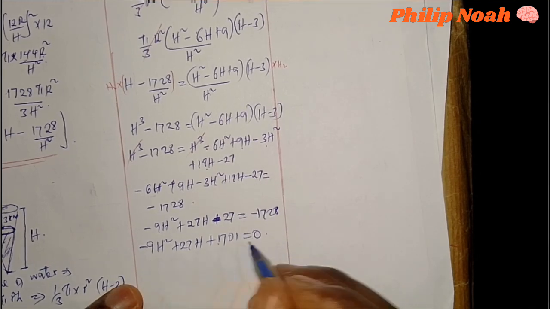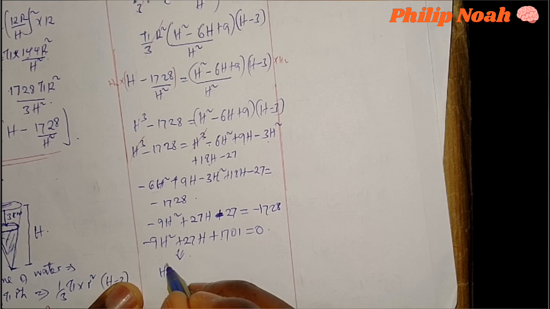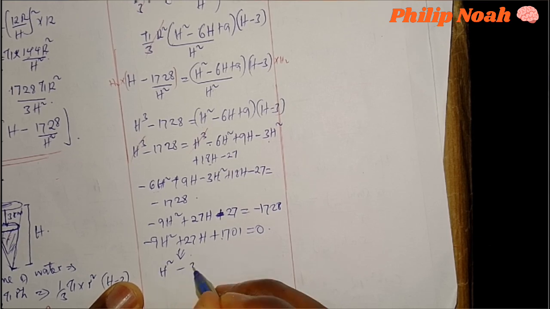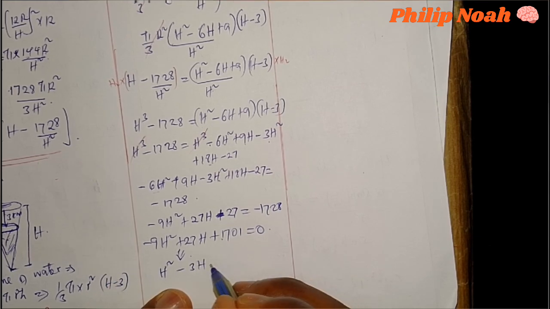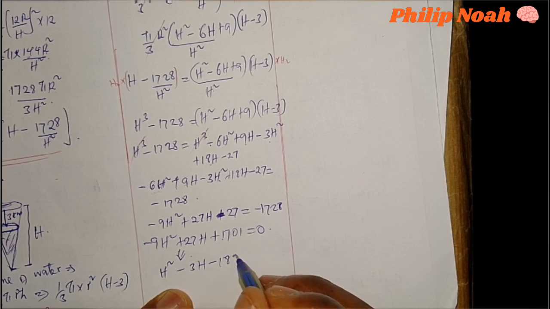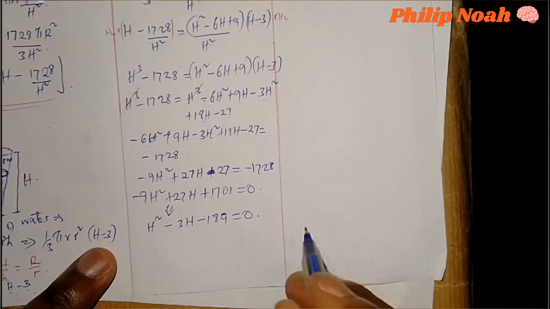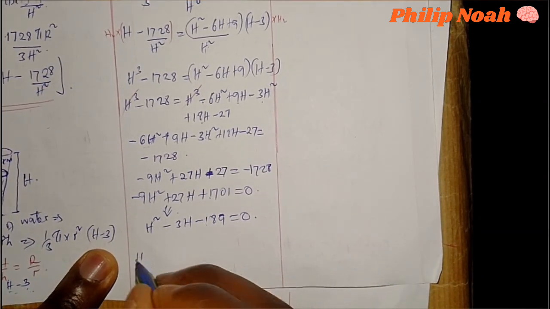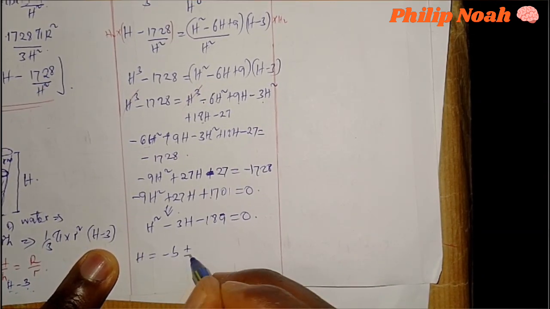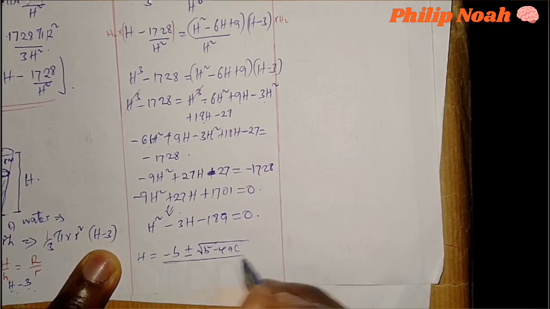This is a quadratic equation, which is the same as h squared minus 3h minus 189 is equal to 0. We can use the quadratic formula: h is equal to negative b plus or minus the square root of b squared minus 4ac, over 2a.